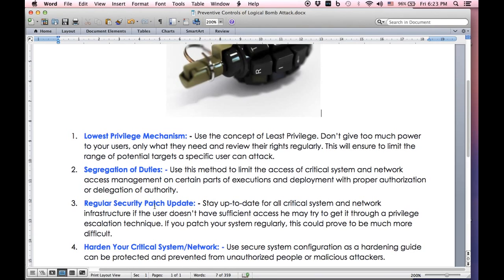So mechanism one is the lowest privilege mechanism. Lowest privilege is the original word, but next we can say least privilege. Least privilege and lowest privilege are the same.